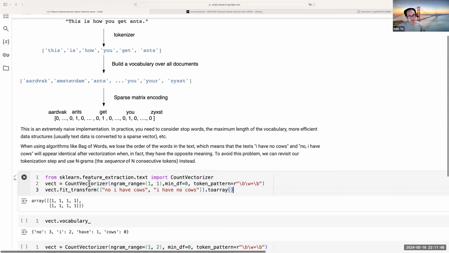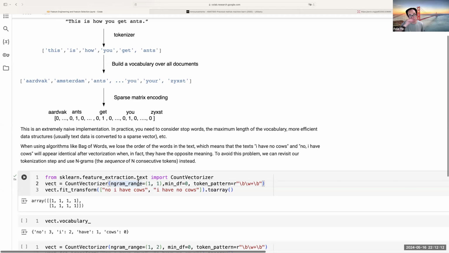So, for example, now I have "I have cows" and "I have no cows". If you do this fit transform with n-gram, where n equals 1, this turns into bag of words because we only consider one token as one thing in the sequence.